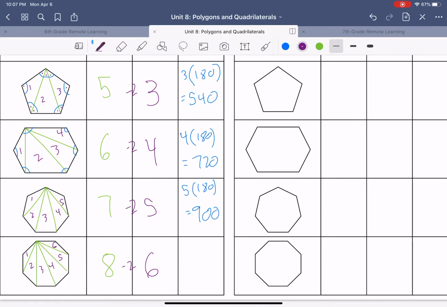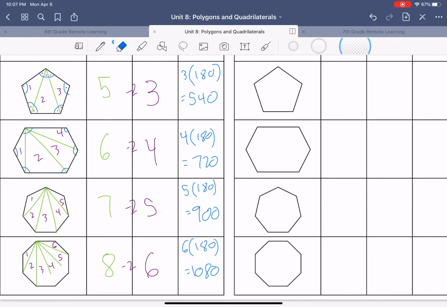And if I add the angles of the triangles together, that gives me the total angle measure, that's 1080, of the polygon. So the number of triangles is 2 less than the number of sides, and the angle measures of all the triangles put together give us the interior angle measures of the polygons.